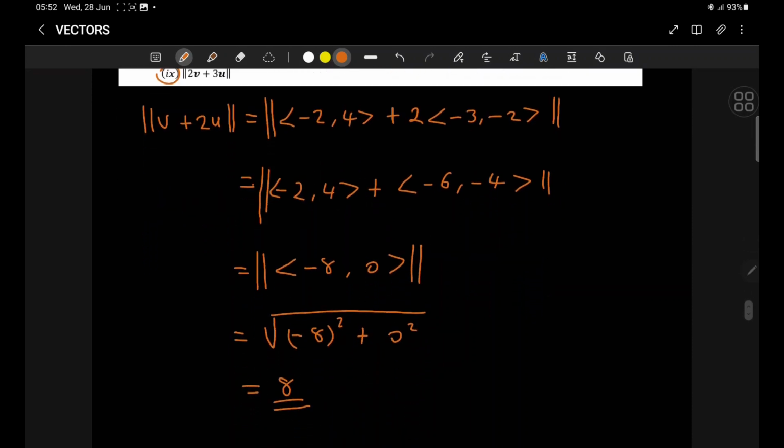Okay, so here we've been given the expression, which is 1 over 2 u minus 3 over 4 v. So we've been given the values for u, been given the values for v, so we need to replace them.